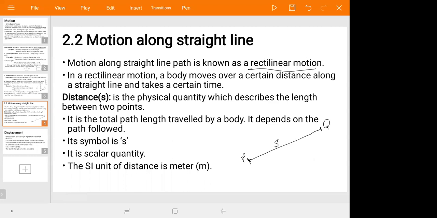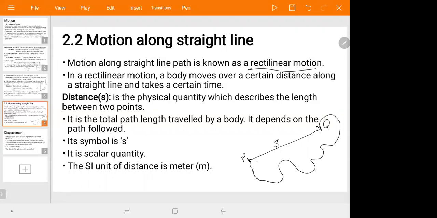When we talk about distance, it is the total path length traveled. We don't care about its direction. For example, if one body follows such a type of journey or trip, this is a distance.